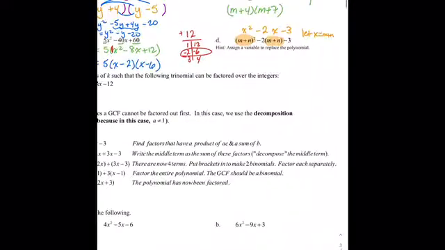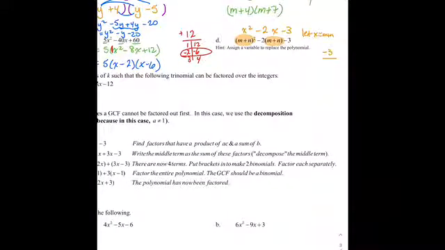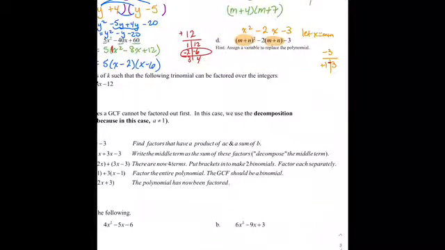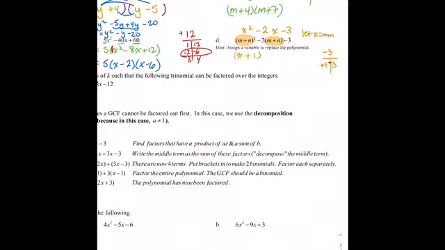And now I want to factor the same way. I want a product of negative 3 that adds up to negative 2. And of course, 1 and 3 is the only thing I can multiply to give me negative 3. So this one will be positive, and this one would be negative. When we factor this, we get x plus 1 and x minus 3.